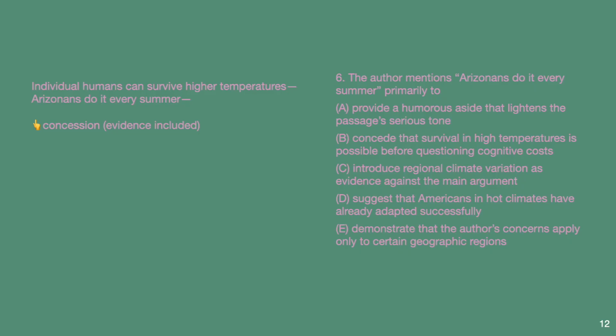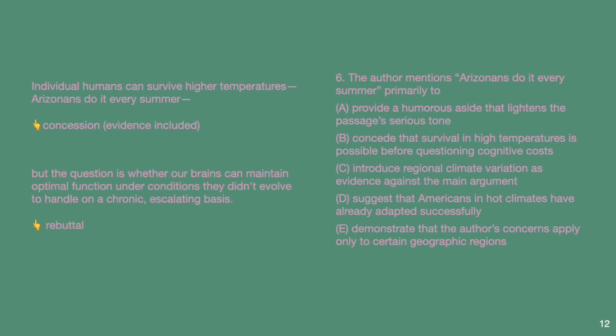The first clause concedes to a claim: humans can survive heat. The middle clause set off by the dashes provides evidence: Arizonans are the proof. Then comes but, and everything pivots. The author shifts from survival to optimal cognitive function.